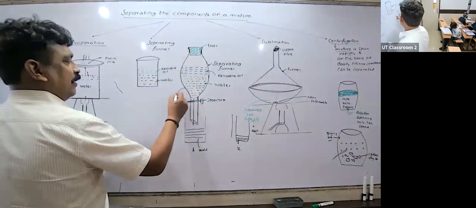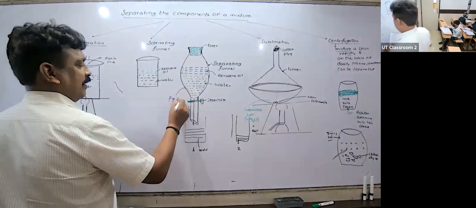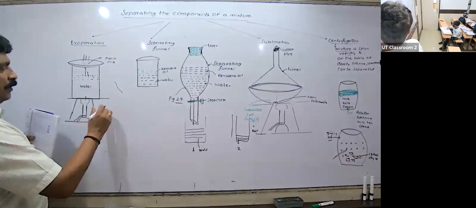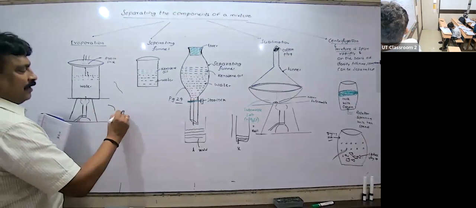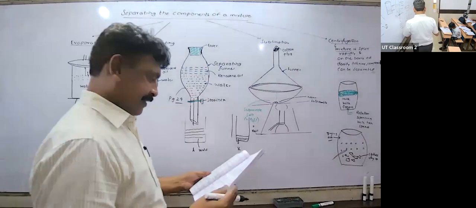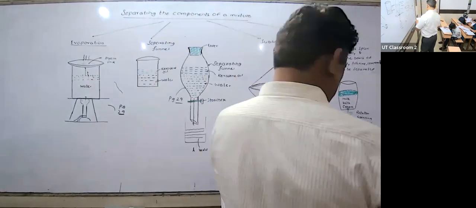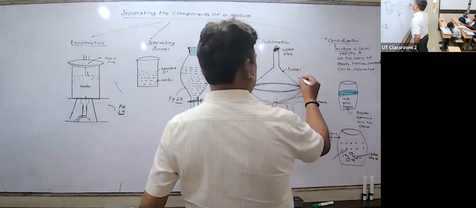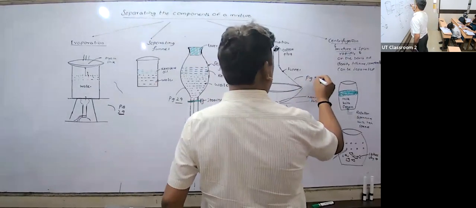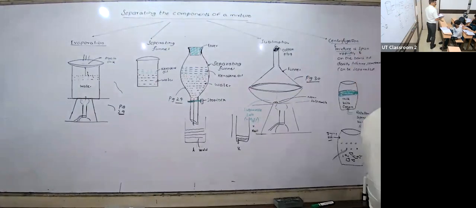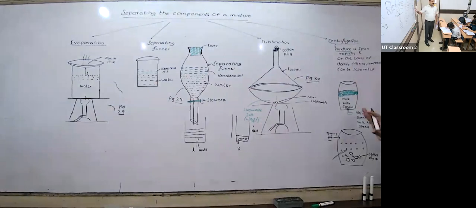Page number 29. ये जो diagram है ये भी page number 29 में दी है, right? ये जो diagram है ये on page number 30 दिख रहा है आपको?